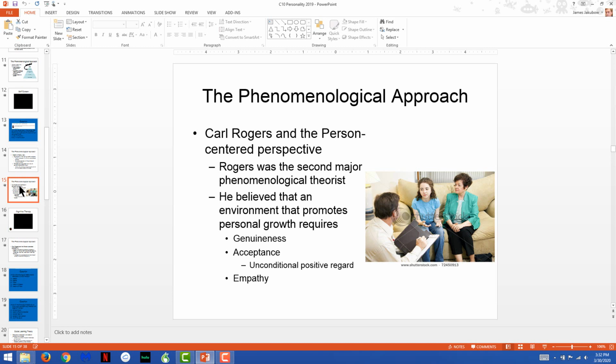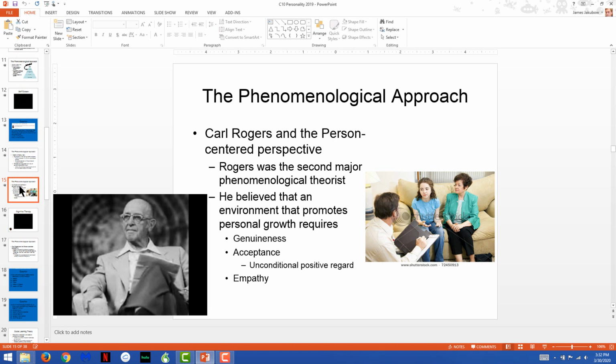Out of this whole phenomenological approach, one of the things that actually does develop somewhat usefully for the field of clinical psychology comes from the work of Carl Rogers. Carl Rogers spent his career essentially doing experimental clinical work.